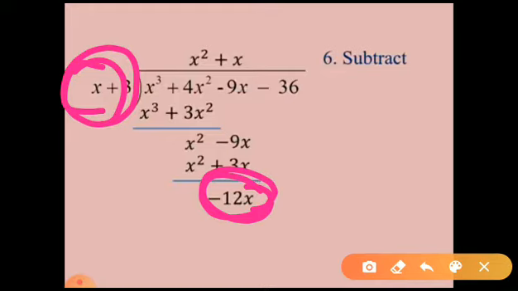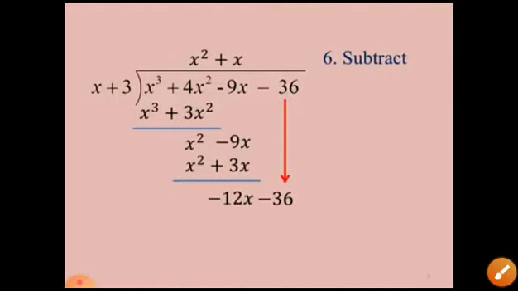Only then can I continue the division. So here I'll be getting minus 12x divided by x, which is just minus 12, along with the sign.